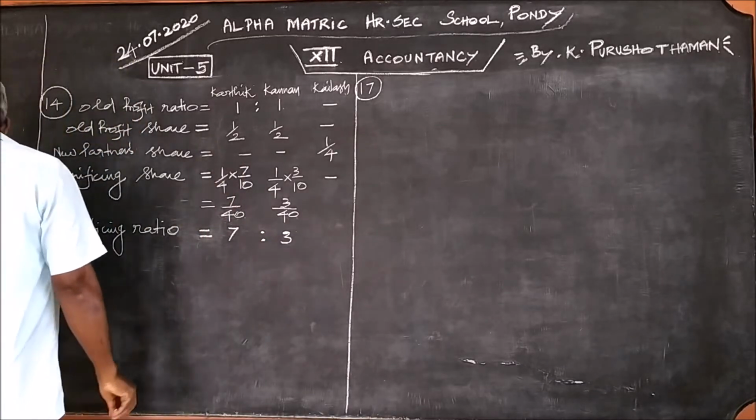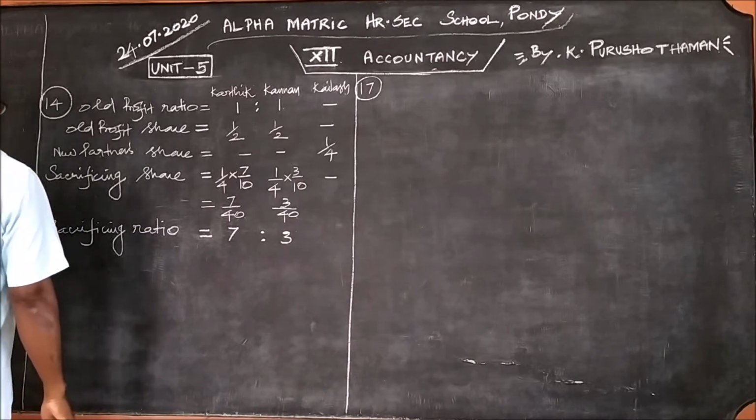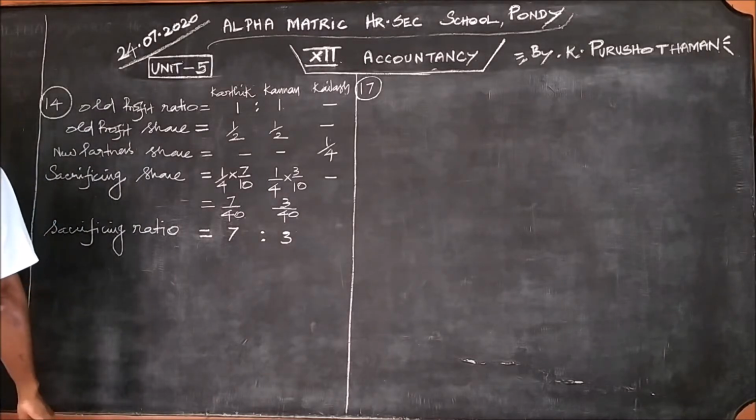Right. Then the next one. First answer, sacrificing ratio is found out.